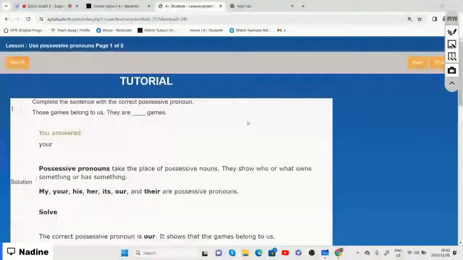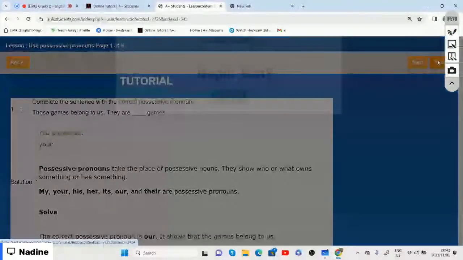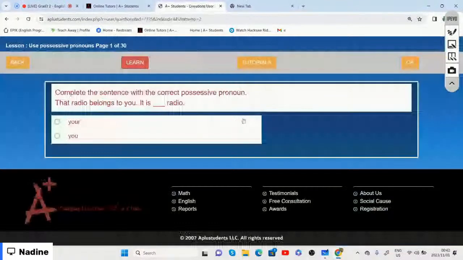All right, so now we're going to our test where we are using possessive pronouns. So we're going to complete the sentence with the correct possessive pronoun, right? That radio belongs to you.